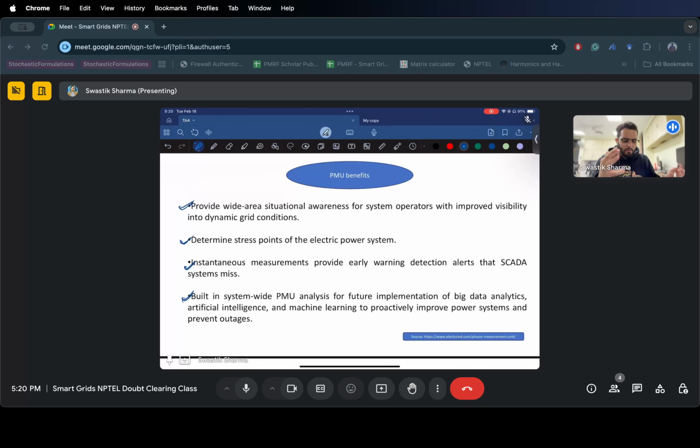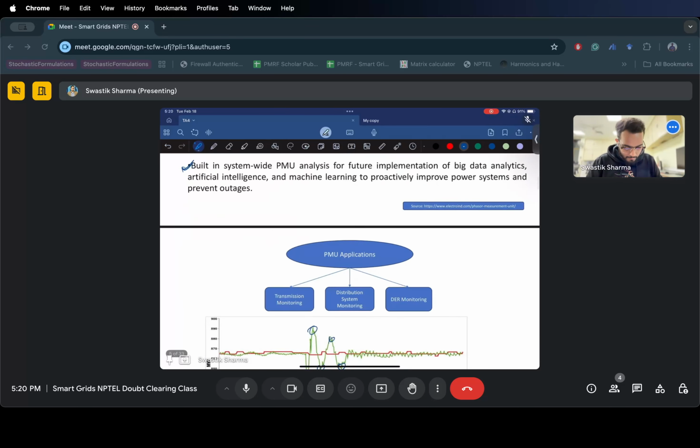Because you have data, you can analyze this in a way which was not possible before, because for the same time period you have more data compared to SCADA. Using this, you can help prevent outages by identifying probable outages that can happen during the system's behavior, right?